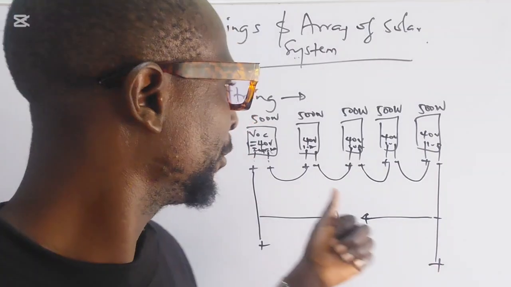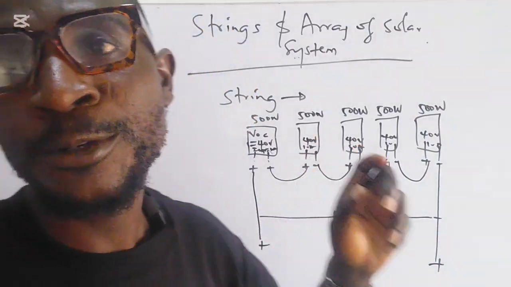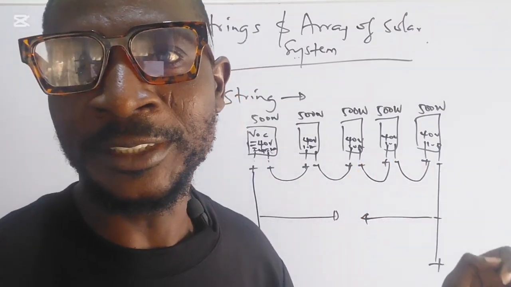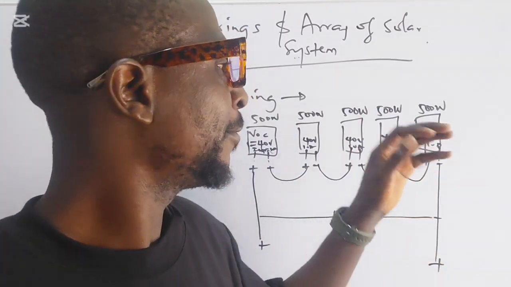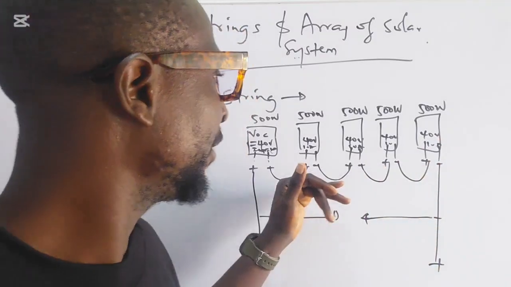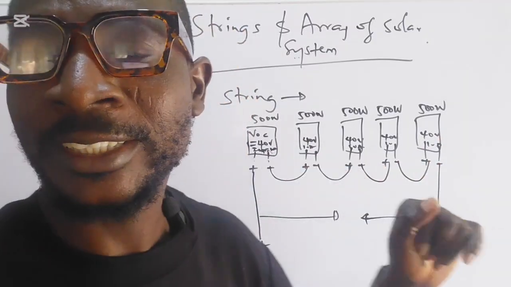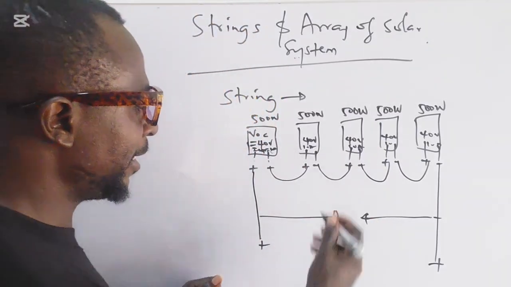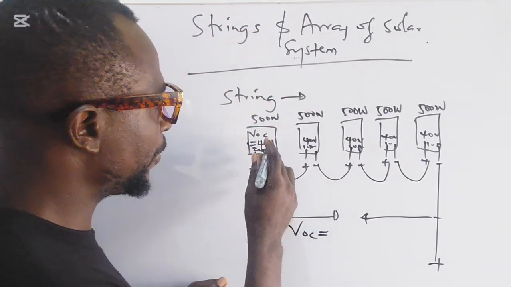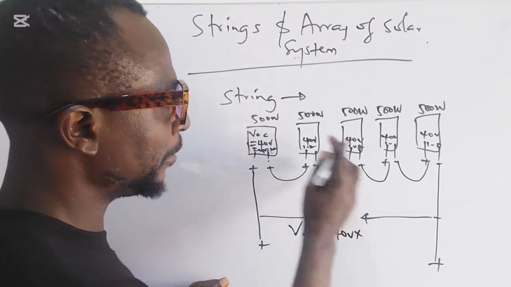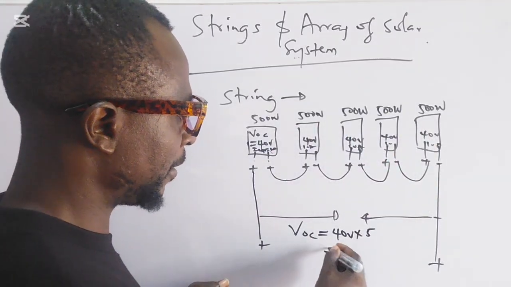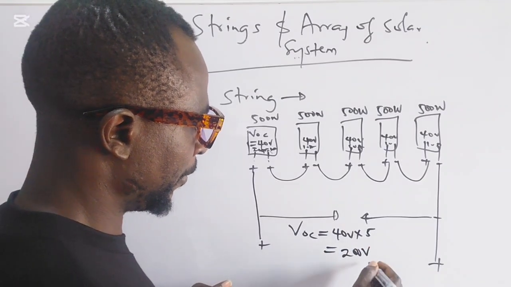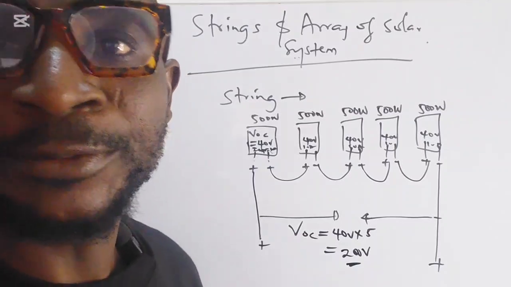Now, what happened? In a string of solar panels, the voltage adds up while the same current flows through this. So the reason for connecting multiple panels in series in order to achieve what we call a string is to achieve a high voltage. In this case, the net VOC will be equal to 40 volts times the number of panels, which is 5, and this gives us 200 volts as the net VOC.